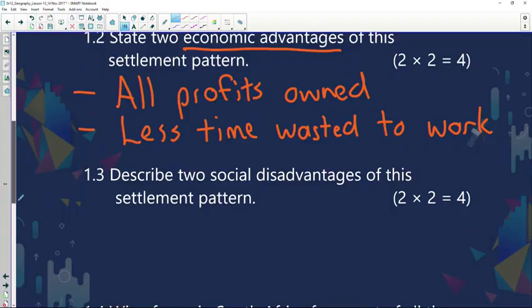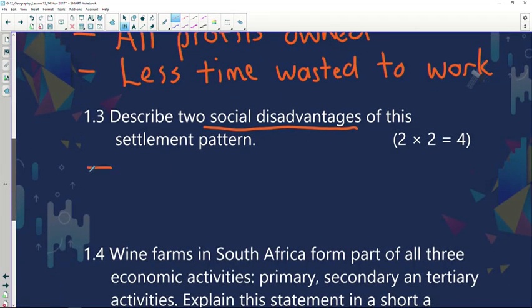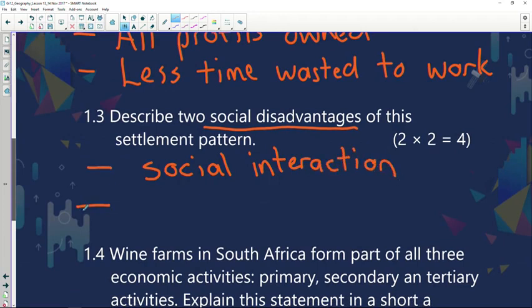Now, describe two social disadvantages of this settlement pattern. Like I've mentioned, it's isolated and it's quite dispersed. If you look at it, there's no social interaction. And if something goes wrong, it's quite difficult to find help.